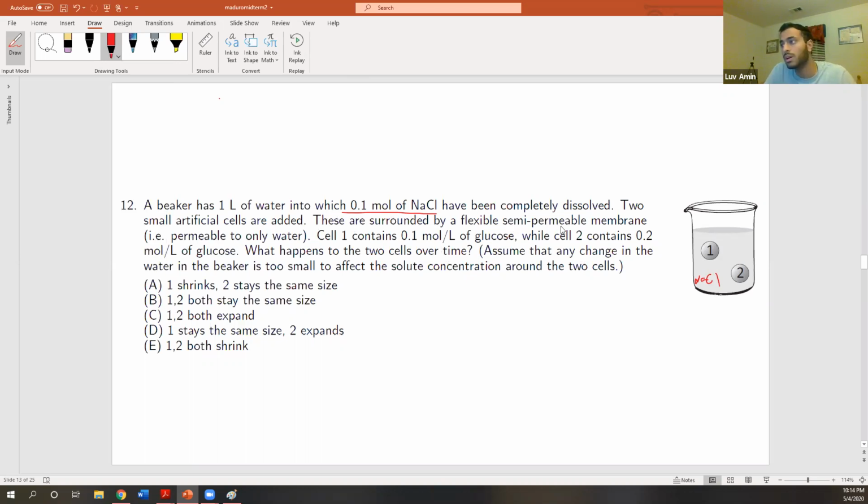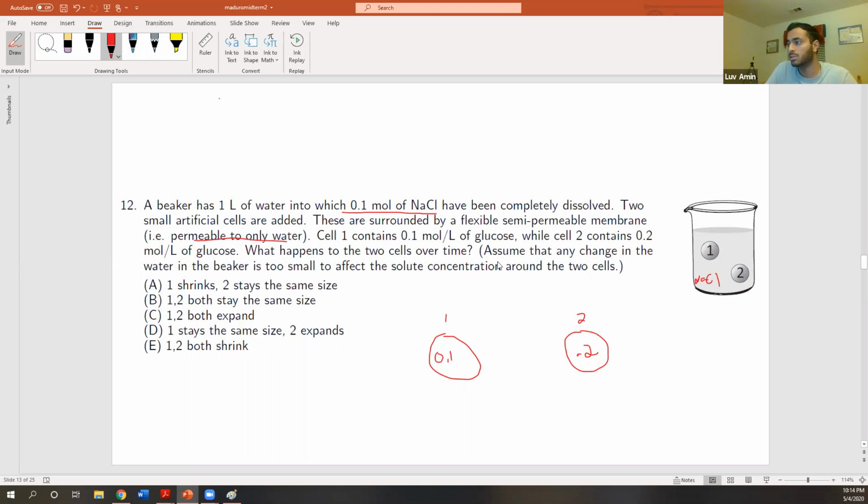Semi-permeable in this case means only permeable to water, so no solutes, right? Cell 1 contains 0.1 mole of glucose, so I'm going to make cell 1 and it has 0.1 moles of glucose, while cell 2, which is right here, has 0.2 moles of glucose, right?